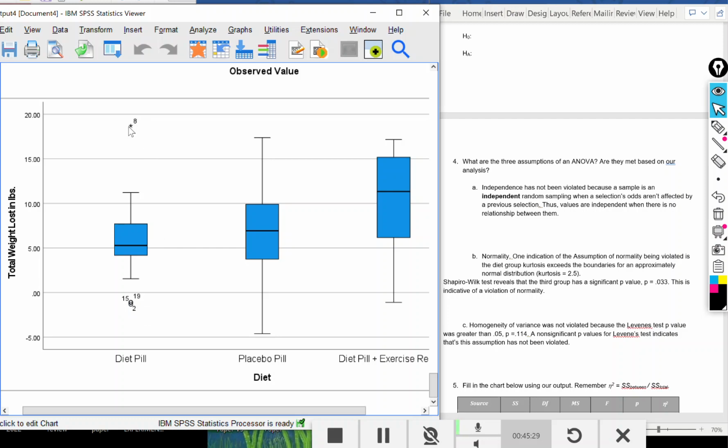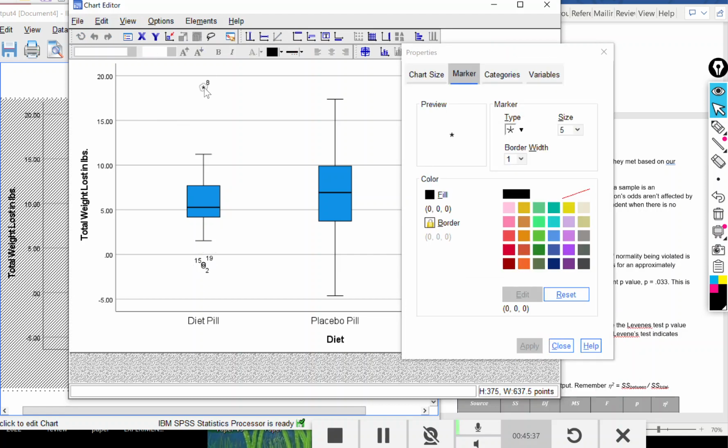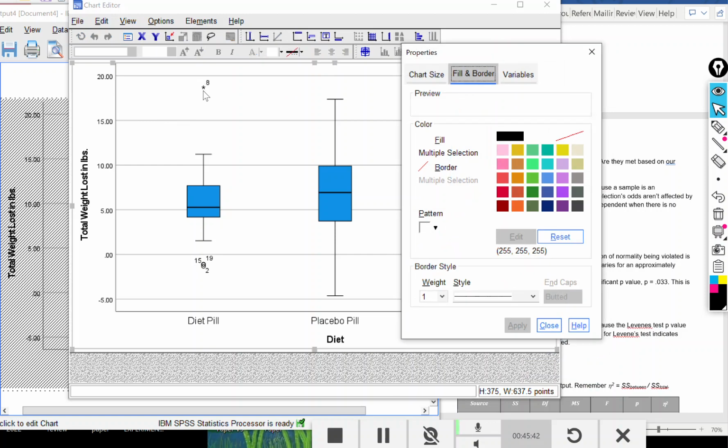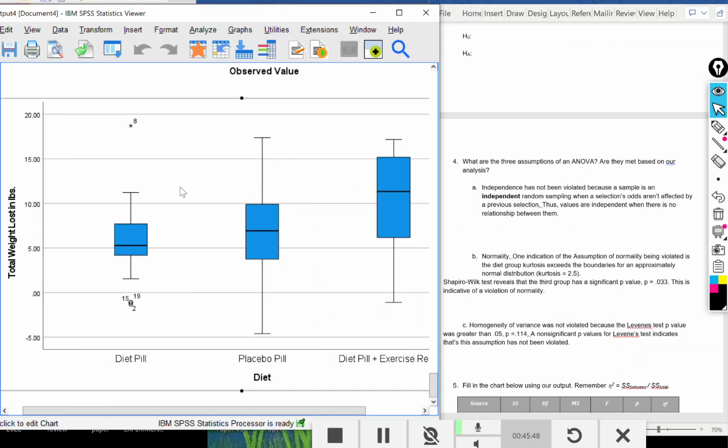And this is a major outlier, I think this asterisk at participant 8. I don't know if it indicates that. I just double clicked on this, and I don't really see an indication of what that means. But I would guess that's what SPSS indicates as a major outlier, and it's way out here. And it might be the reason why this is highly kurtotic right here.